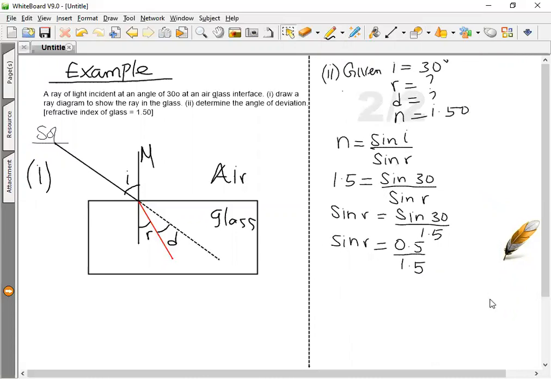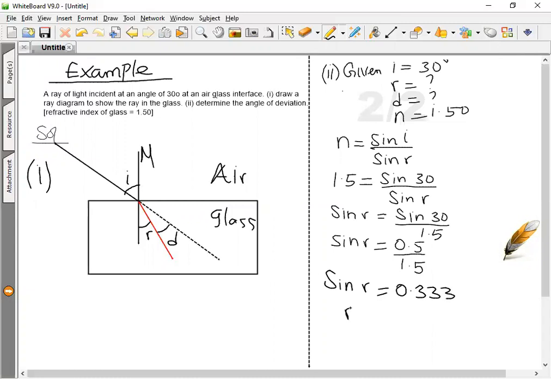Good. So, 0.5 divided by 1.5 gives you what? 0.3333. So our sine r equals 0.333, and it continues.